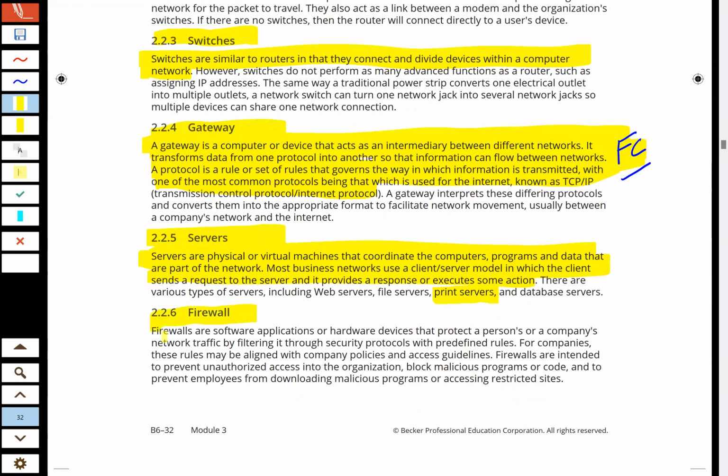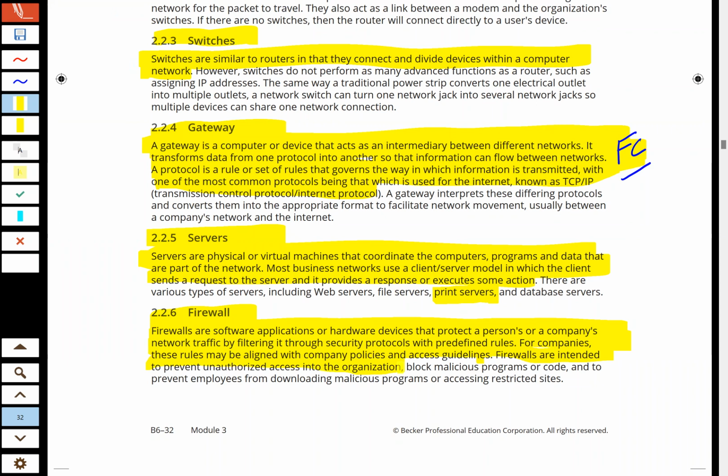A firewall is basically software or hardware that filters things from coming through. Those should be aligned with the company's policies and guidelines, et cetera. And firewalls, I'm sure as you know, are to prevent unauthorized access to the organization's information.